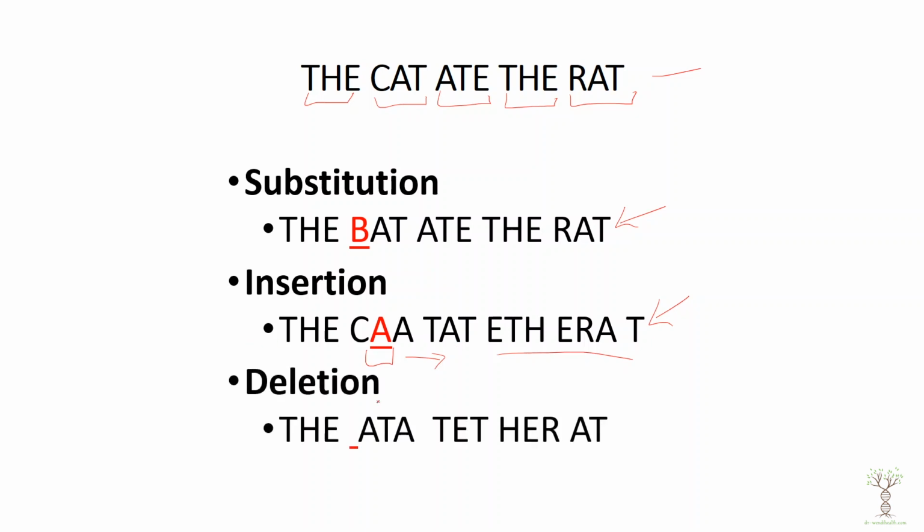The same thing with a deletion. If you lost a nucleotide or a letter, you lose the C, everything gets shuffled over because it has to be in 3-letter sections. Now this is completely messed up as well. So point mutations can either be substitutions, insertions, or deletions.